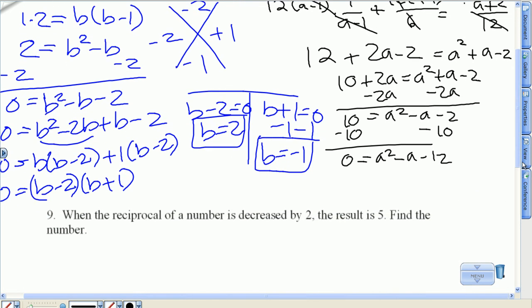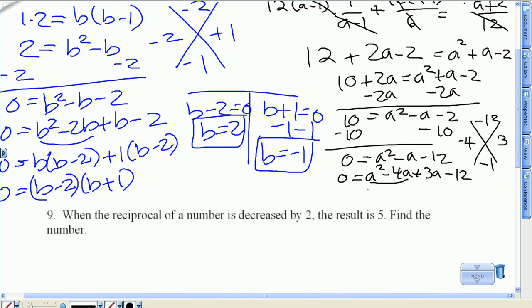So, how much room do I have? Very little. So I do my puzzle. A times C is negative 12. Negative 1 is B. Well, 4 times 3 is 12, and if 4 is negative, I'll be in good shape here. So, A squared minus 4A plus 3A minus 12.